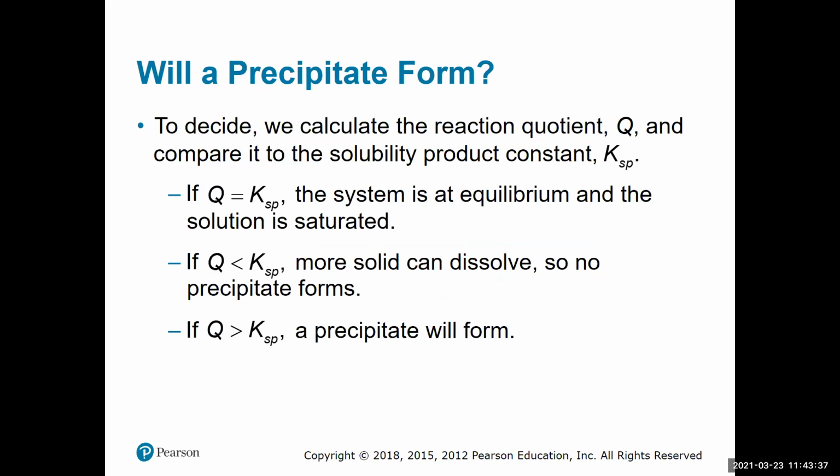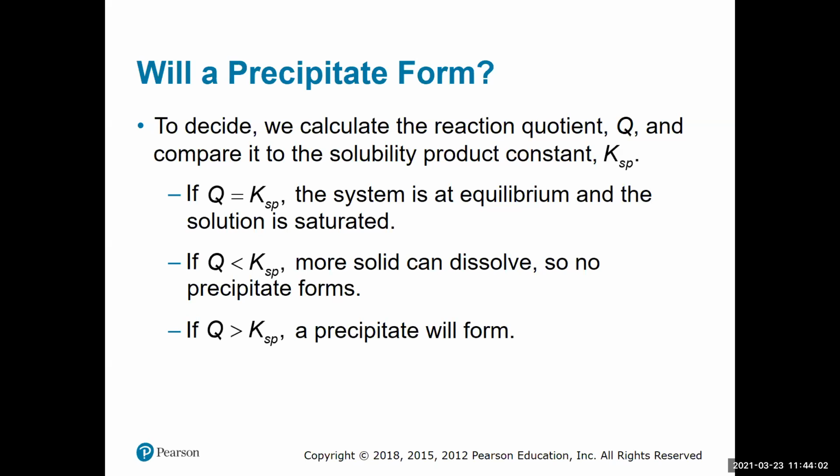I want to get to this part here about precipitants forming. KSP, as I said before, is used to predict if something's going to precipitate out. Remember when we were talking about equilibrium expressions, equilibrium constants, we did a calculation for something called Q, the reaction quotient.